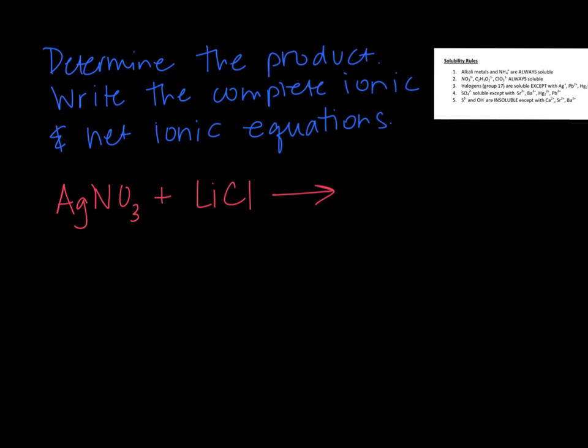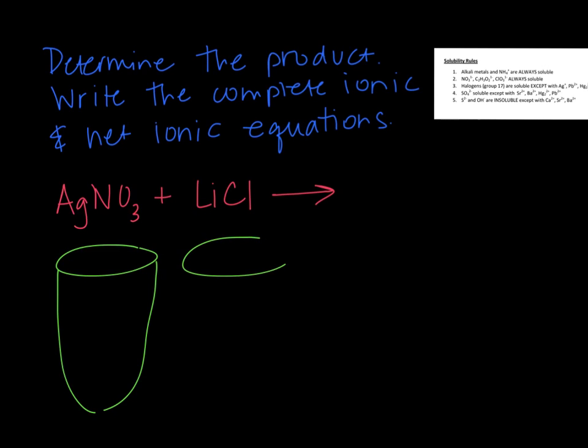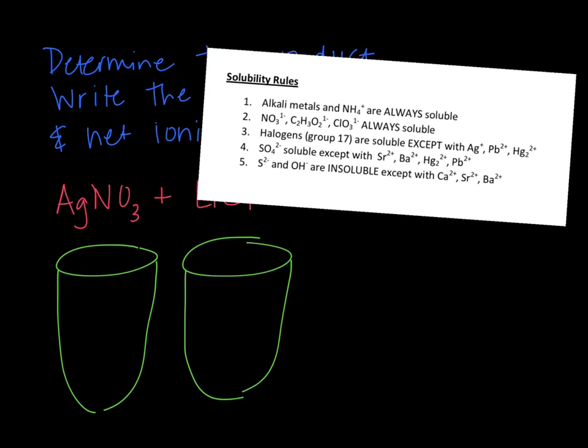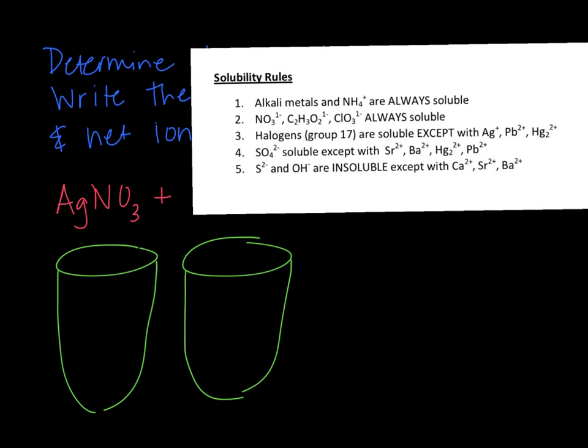Okay. So if you were to put this in water, I'm going to draw a little test tube, and then draw another little test tube. If silver nitrate gets put in water, well, nitrates are always soluble.